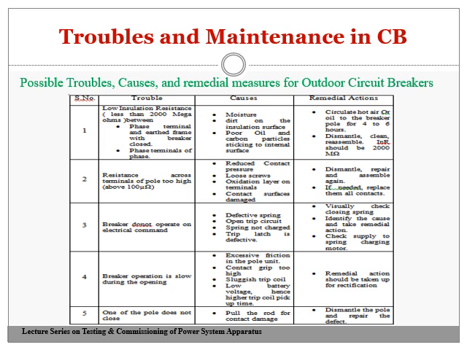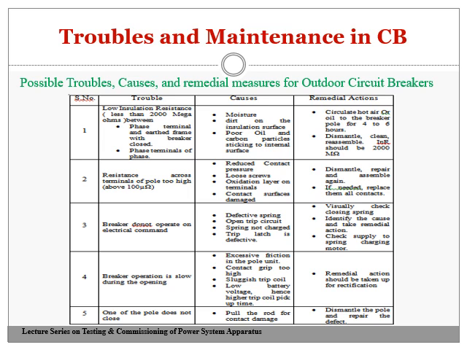I can visually check the closing spring, identify the causes and take the remedial action as such. In a similar fashion, the fourth one is that breaker operation is too slow during opening. The causes and the remedial actions you can see in the second column as well as the last column.